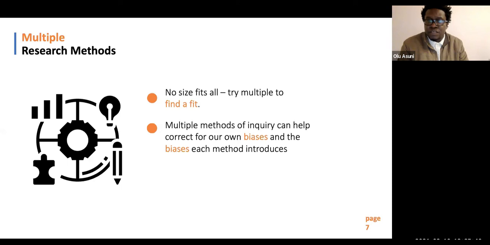But if we take a true scientific approach to finding out what opportunities really exist out there, or how our product is likely to affect society or our business's bottom line, and we use multiple methods, there's a chance this will correct for our biases and also for the inherent biases in each chosen method. So when we look at things at an aggregate level, there's a chance that it would correct for the individual anomalies in individual approaches to inquiry.